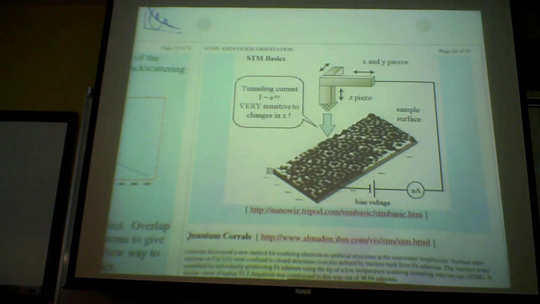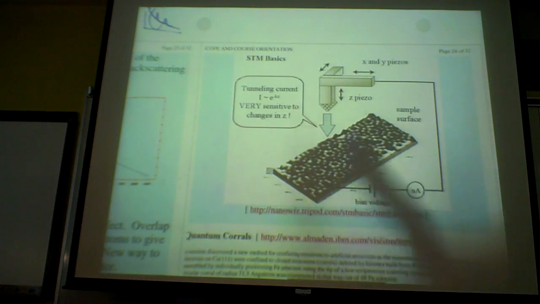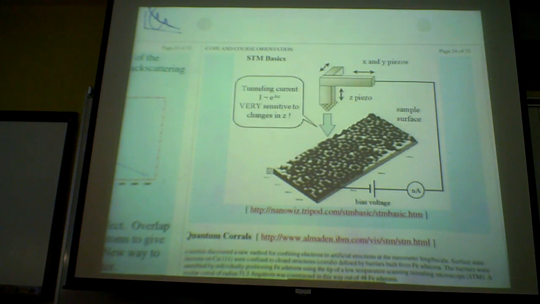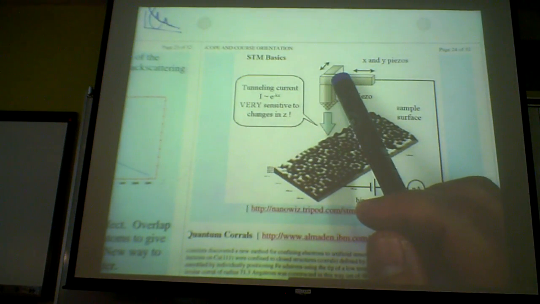What is piezoelectric material? Piezoelectric material is a material that, if you apply a voltage, will stretch. So piezoelectric material is a smart material. They call it a smart material because it responds to a stimulus.